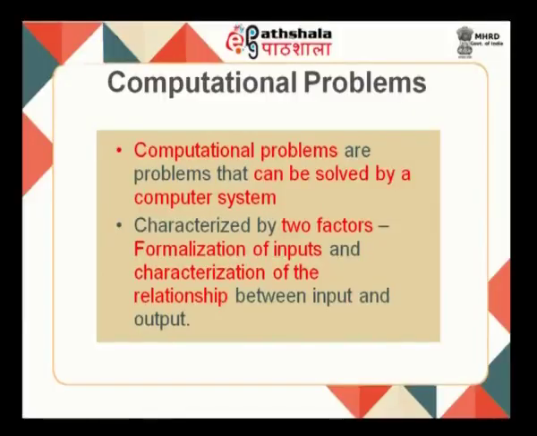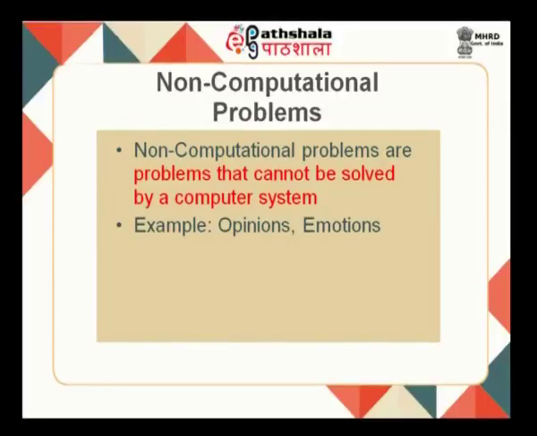If these two properties are adhered to, then we can say that it is a computational problem, and for these sorts of problems, algorithms are possible. Computers cannot solve non-computational problems. What is a non-computational problem? Any problem that cannot be solved by the computer is called a non-computational problem.